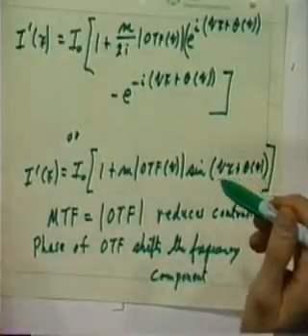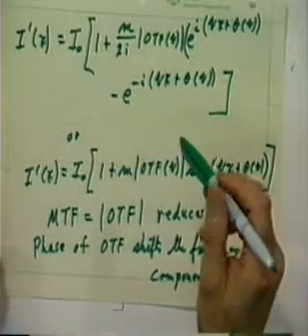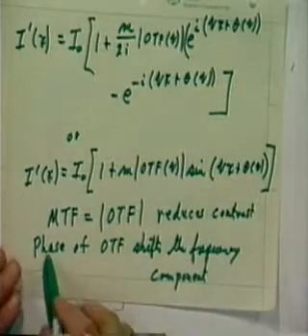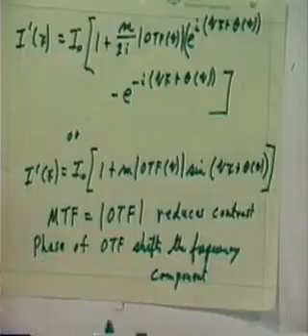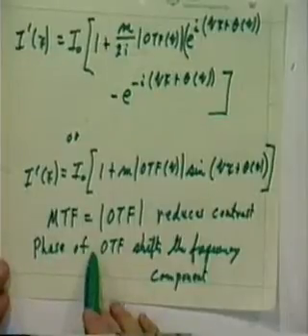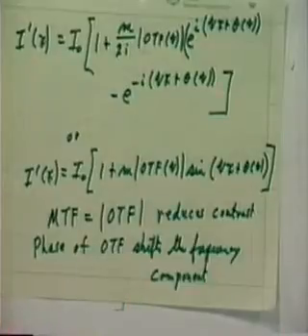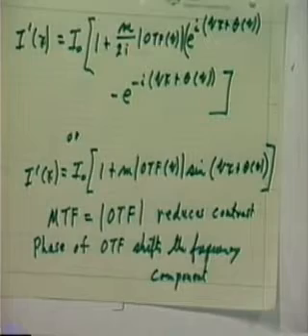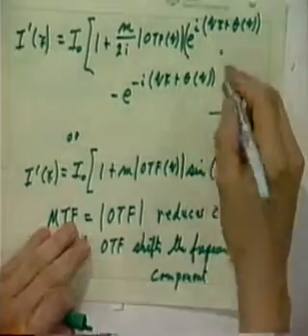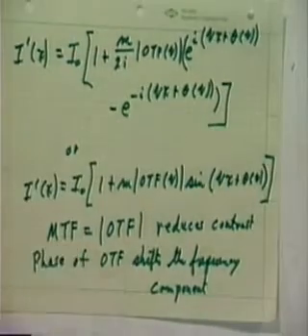But in practice, at least wherever I've checked it, whenever the phase becomes large enough that it bothers you, the MTF has already become so small that you're in trouble anyway. So it doesn't turn out to be as important as you might think. Okay. Any questions on this? Another parenthesis up here.